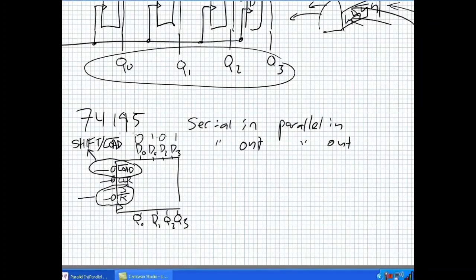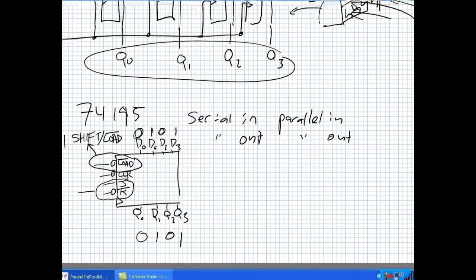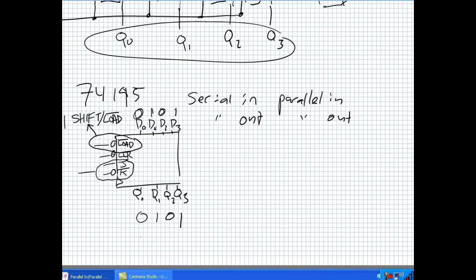Okay, so let's say we load 0, 1, 0, 1. Then we make shift 1. The next clock pulse comes along, and everybody shifts right 1.